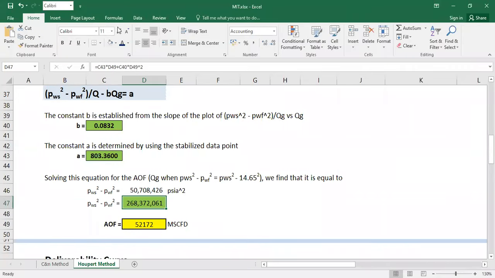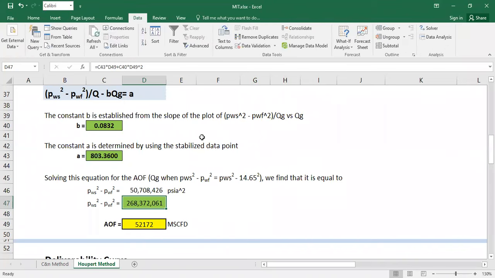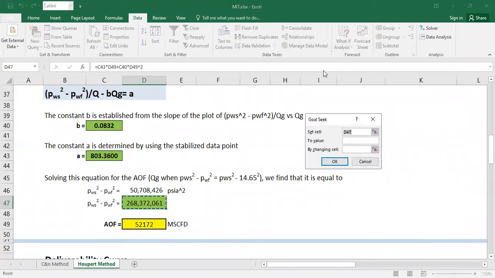So what-if analysis is in Data, and what-if analysis, Goal Seek. All right. So I want to set this cell to a value of 50 million 708,426 by changing the absolute open flow.